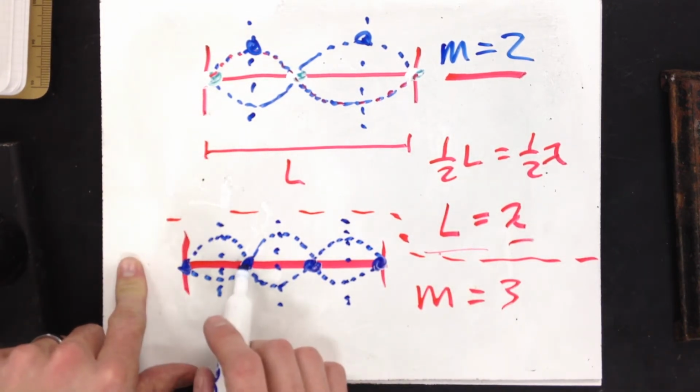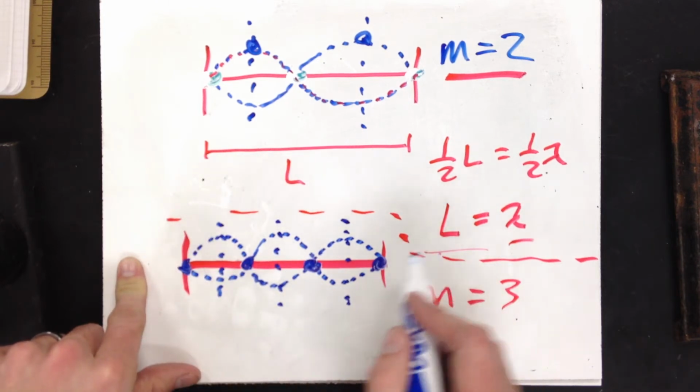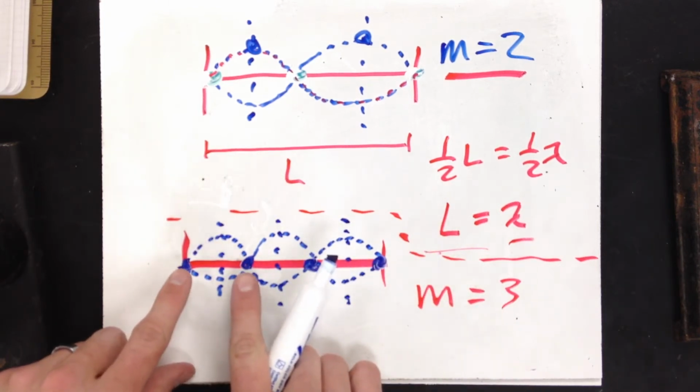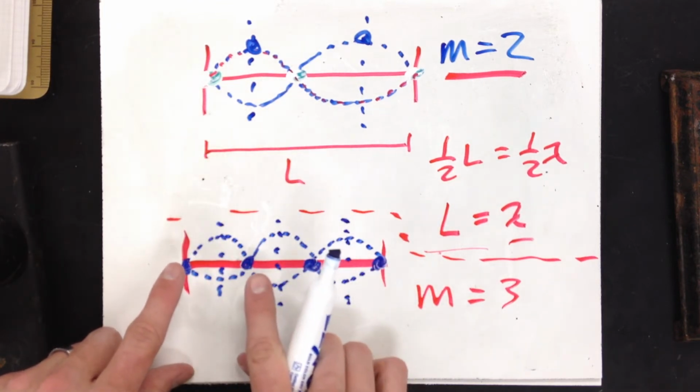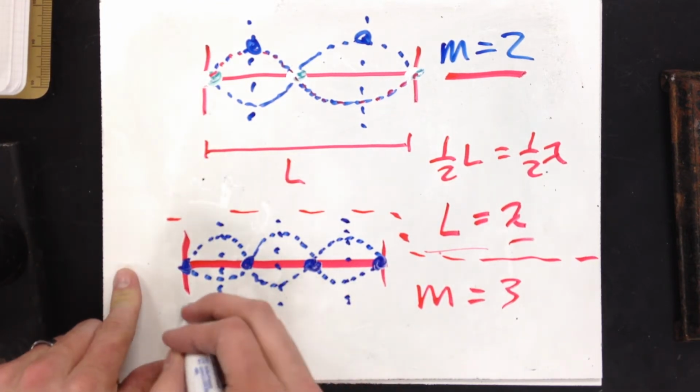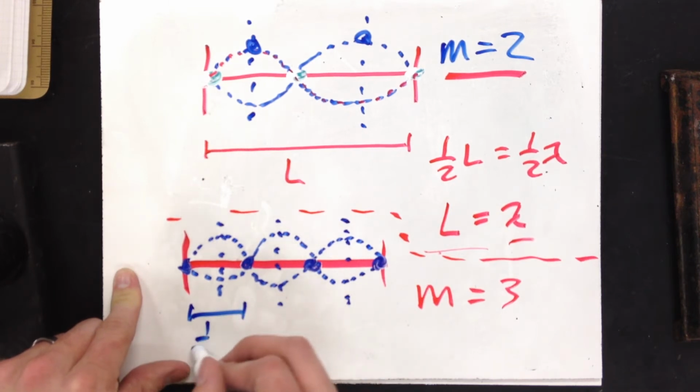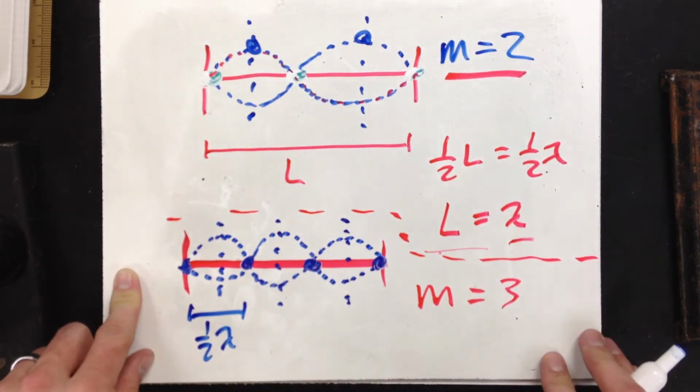This distance, if the total string has a length L, this little distance right here is always going to be 1/2 of the wavelength. From node to node is 1/2 the wavelength. So let's label that 1/2 lambda.